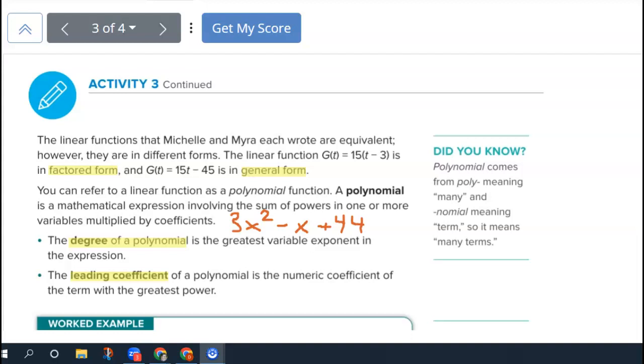So what you do to find the leading coefficient is you look at the term that has the greatest power. In this case, 2 is the highest exponent or the highest power, and then you look at the coefficient of that term. So 3. So the leading coefficient of this polynomial is 3. All right. So those are those terms.